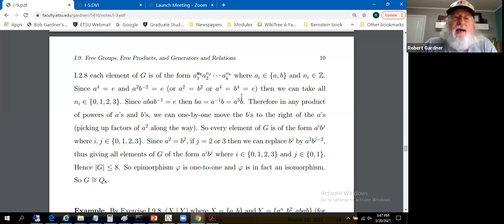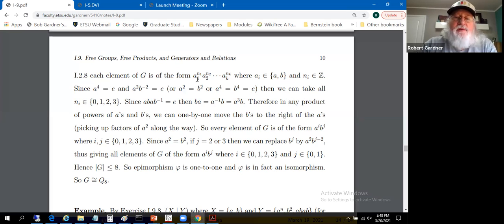So if we've got powers of A's and B's, and A and B, when raised to the 4th power, produce the identity, that means the order of those elements divides 4. So it's either 1, 2, or 4. It ain't 1 because these are not the identity elements.